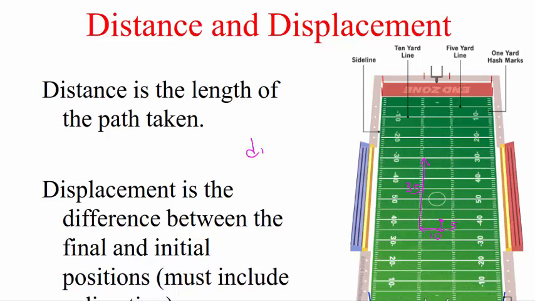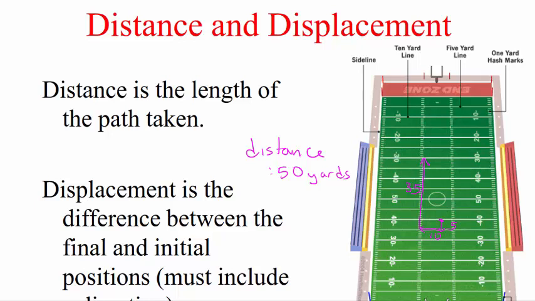And so our distance in this case would be the sum of all those together. So that'd be about 50. We'll assume that these are yards. So some American units here for fun. But our displacement in this case is how far did you manage to get away from your original spot.